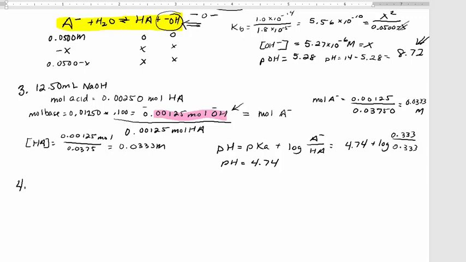Now, in the fourth set of conditions, I have 37.5 milliliters of sodium hydroxide. Again, I need to compare moles of acid to moles of base.